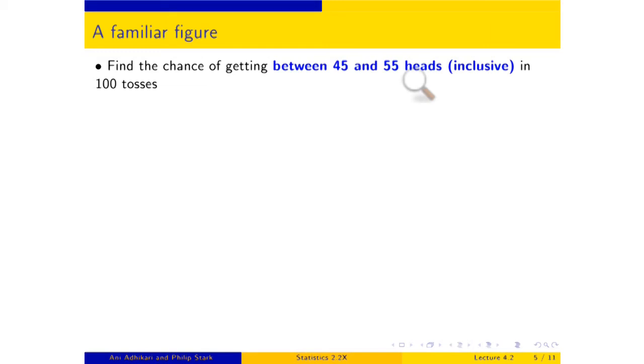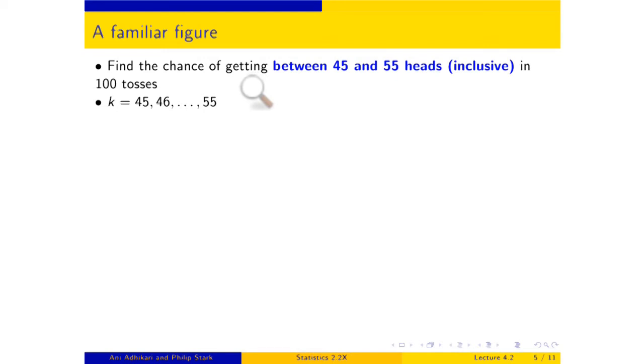It would be ambiguous to say between 45 and 55 without explaining what I mean to do with the edges. So I am saying inclusive here to mean that I include both of these ends. In other words, I'm looking at a number of heads 45, 46, etc. all the way up to and including 55. And I want the chance that the number of heads falls in this range.